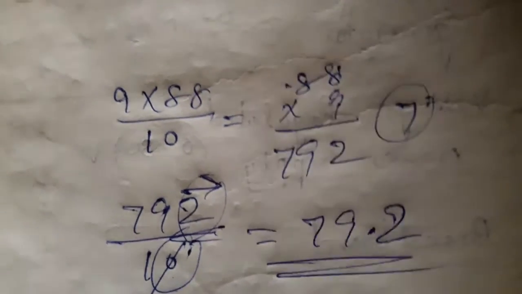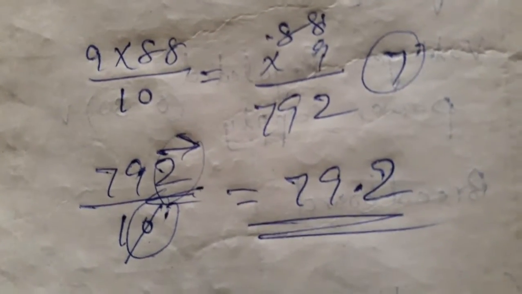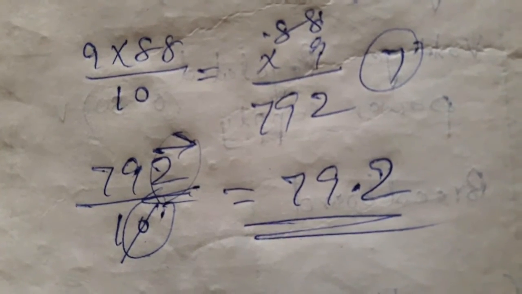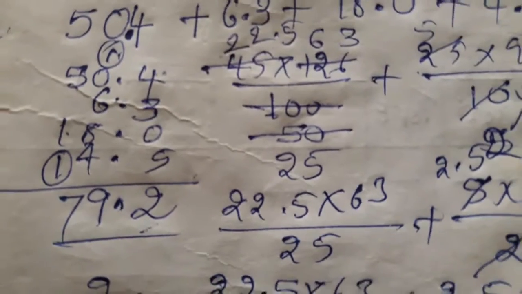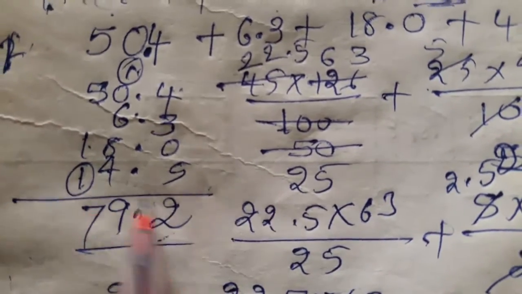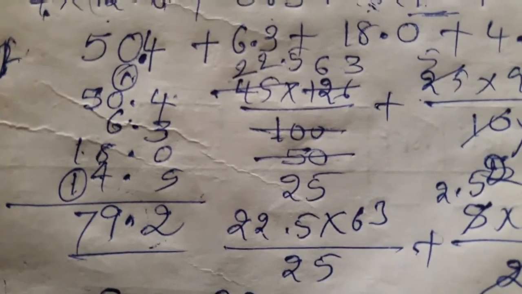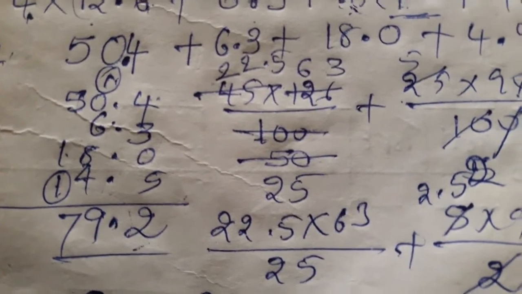This is the final answer, isn't it? So in the traditional method we got 79.2 as the answer, isn't it? See here, in the shortcut method also we got 79.2, the answer is same, but the process is different, isn't it?